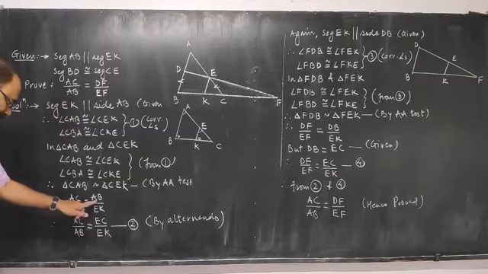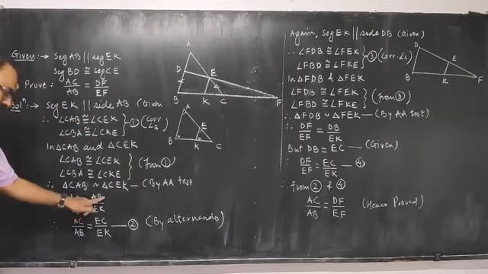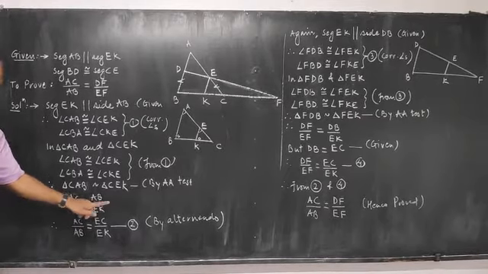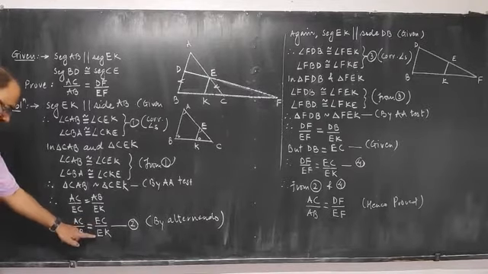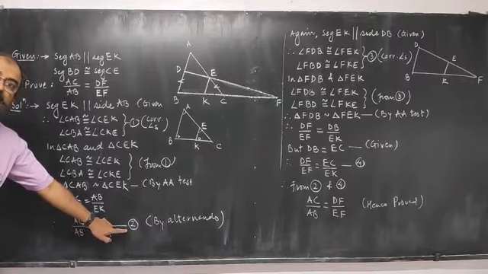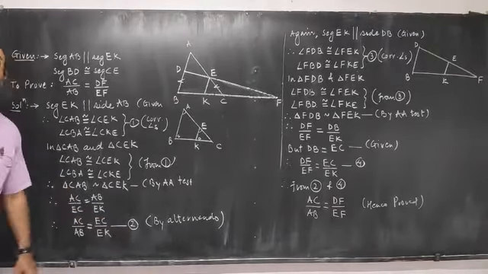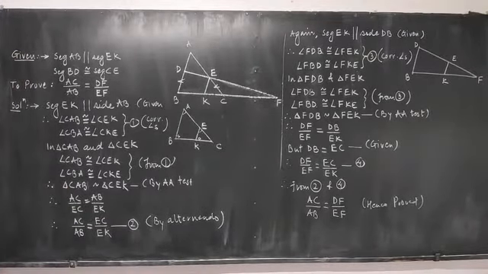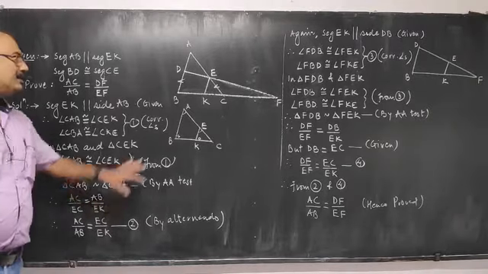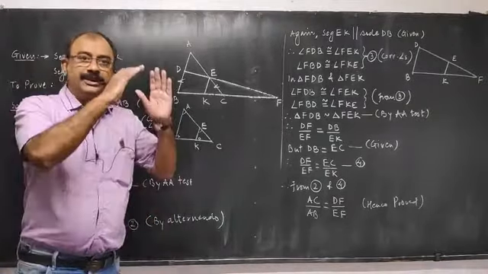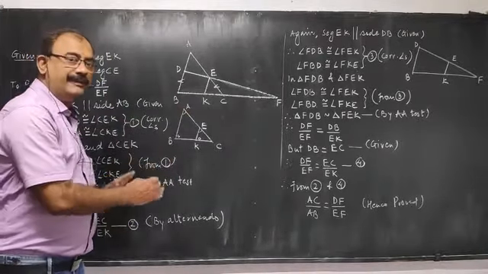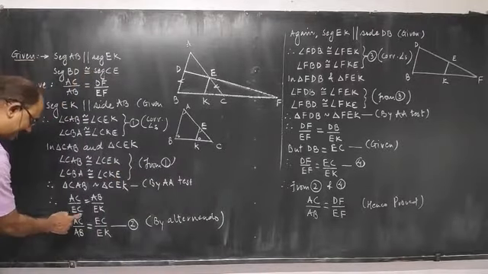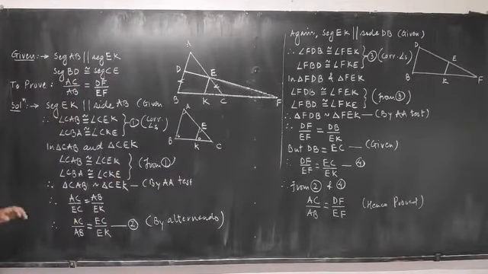So then interchanging AB and EC, which we can do by alternando, AB will come here, EC will go this side. AC upon AB is equal to EC upon EK. I have given that as equation number 2, which we have done by using alternando. Alright, so by separating one triangle ABC and EK, we have reached the left hand side of the required result.